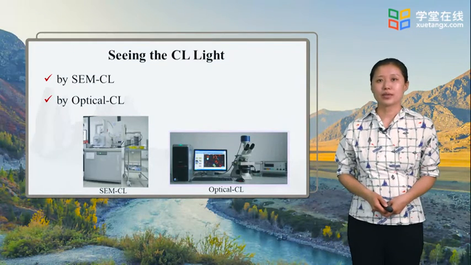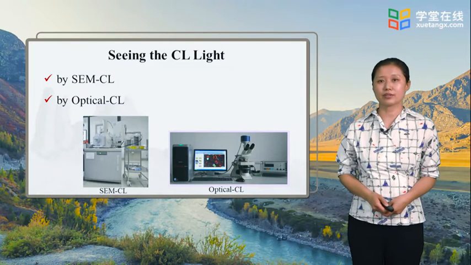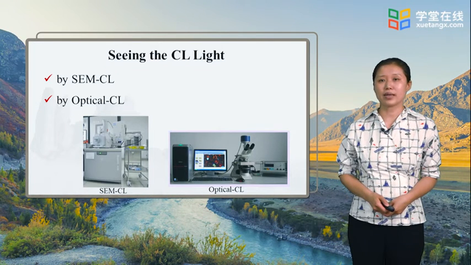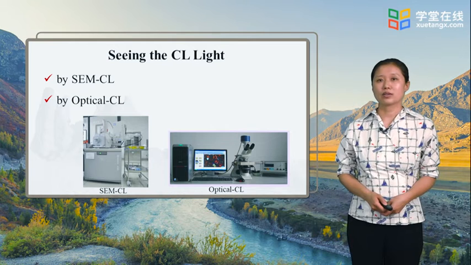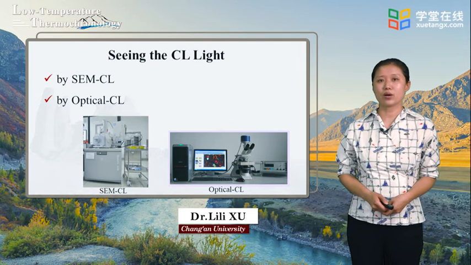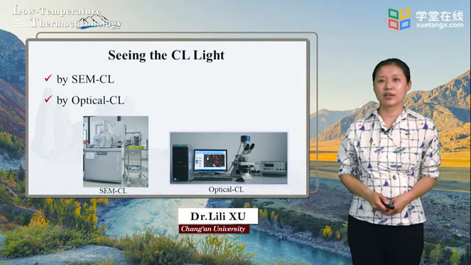Various materials emit CL, including many minerals and semiconductors. In semiconductor physics, analysis of the emitted light can be used as a characterization tool. Now the question is, how to see the CL light? There are two distinct methods to image this effect.